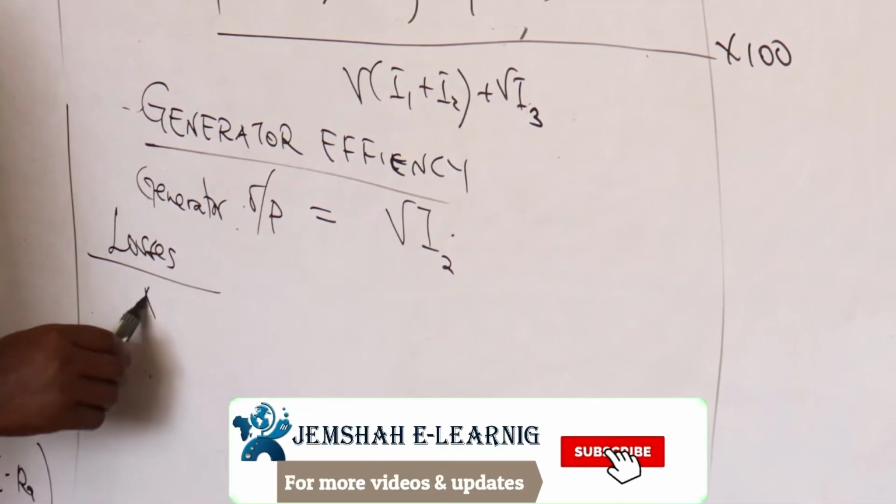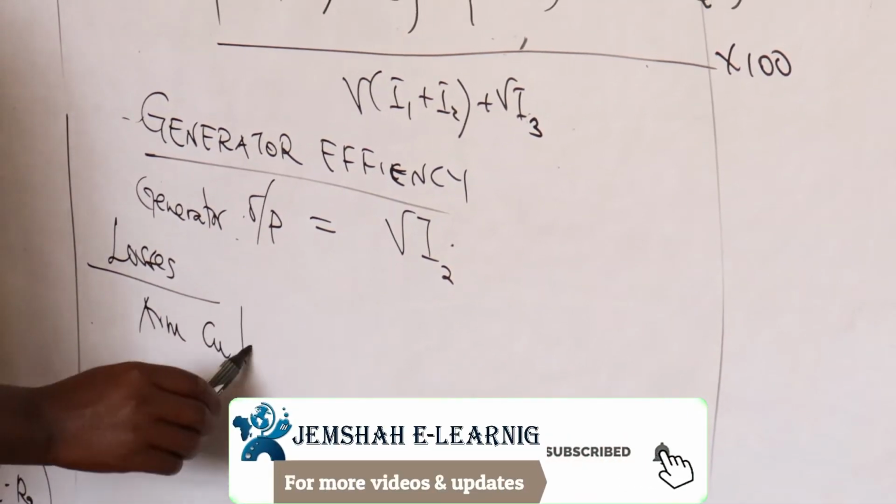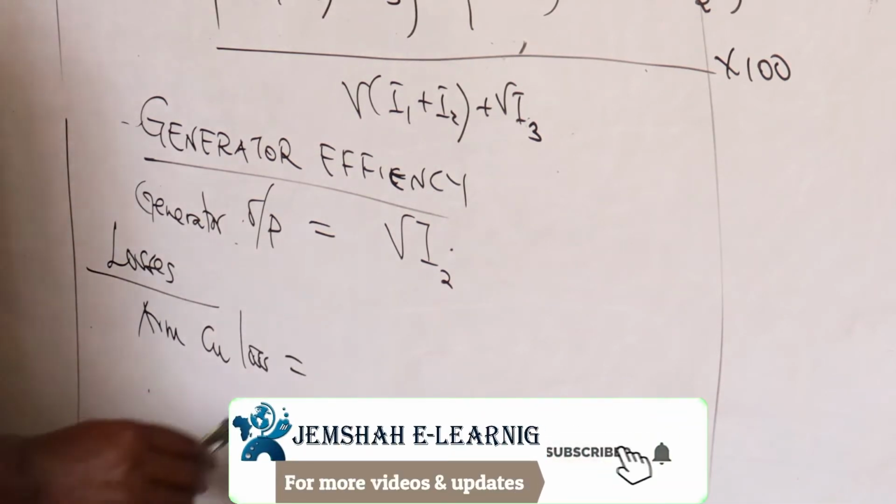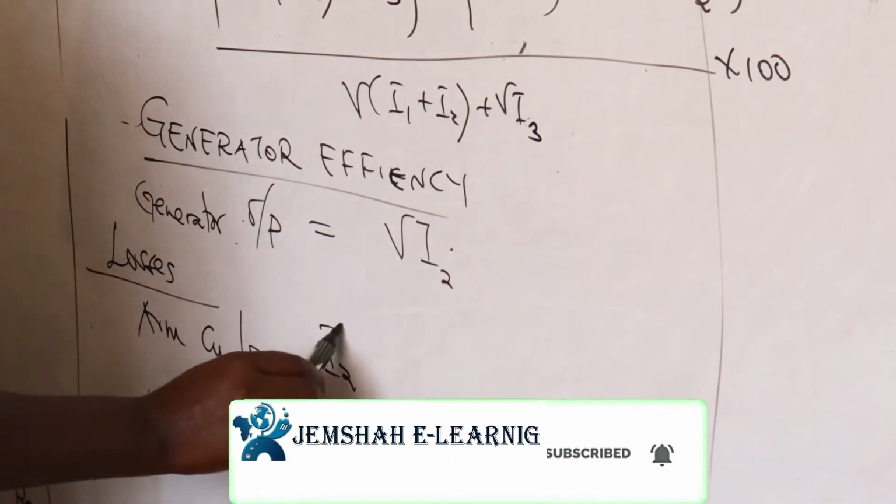The first loss is armature copper loss, given by I2 squared RA.